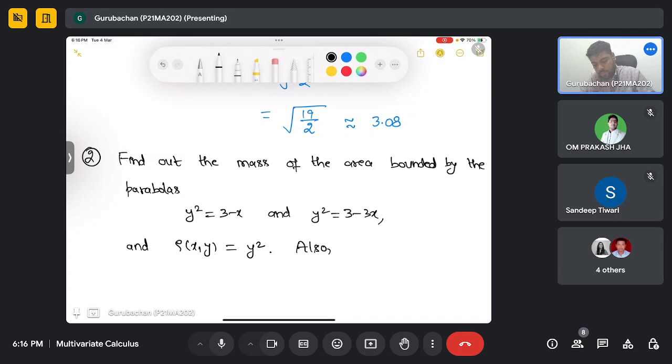Also find out the center of gravity. So we have two parabolas whose intersection contains some area. We have to find the mass of that area with the given density function rho(x,y) as y square, and also the center of gravity. So try it first.